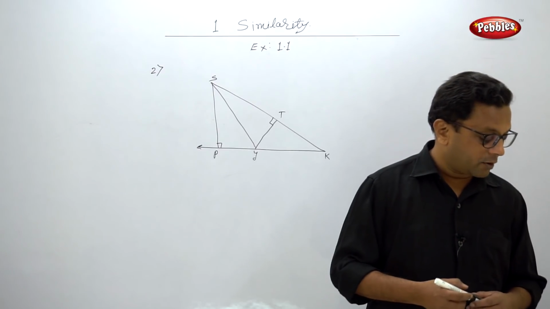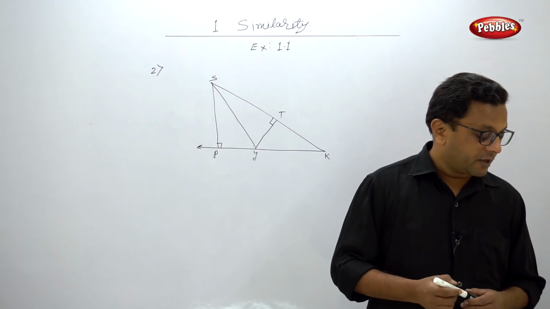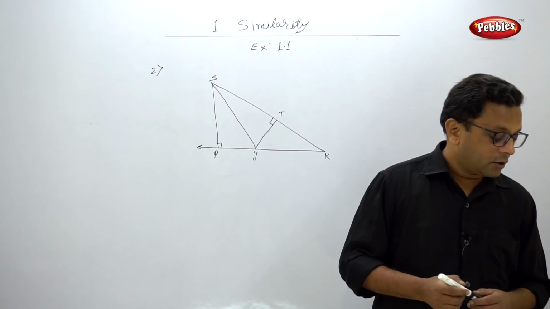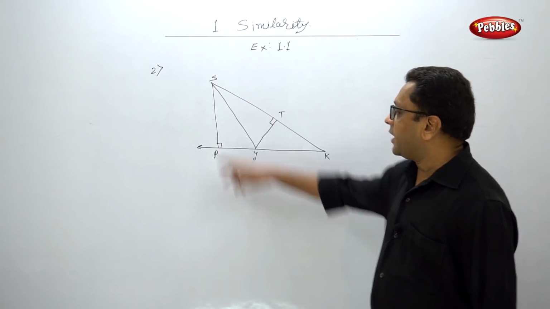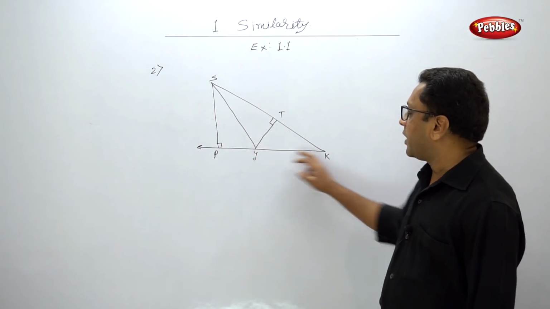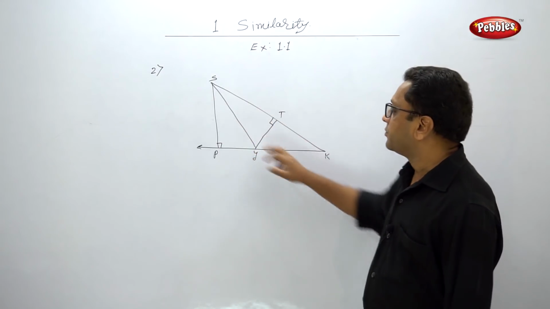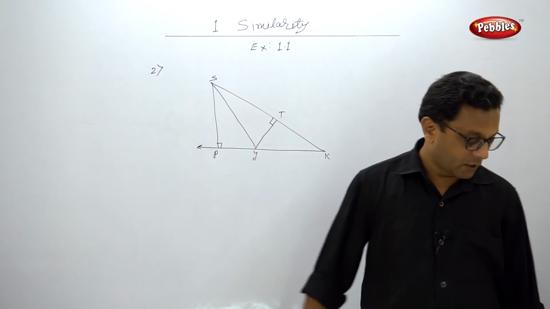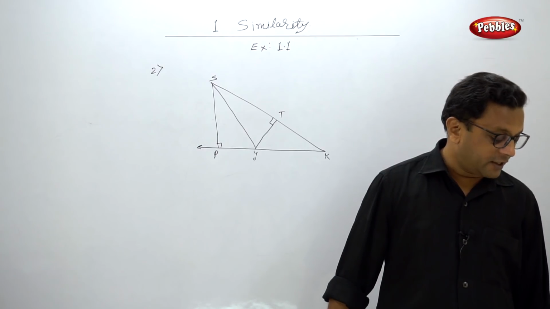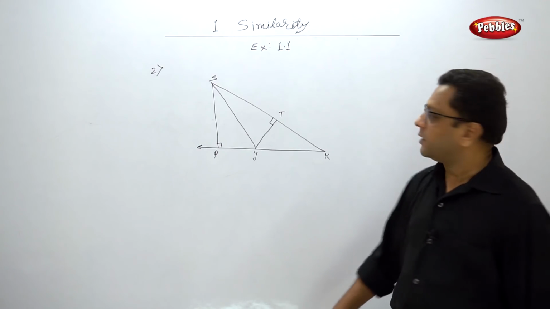Let us read the problem. In the figure, segment SP is perpendicular to side YK. This is the triangle, this side. Then segment YT is perpendicular to side SK.